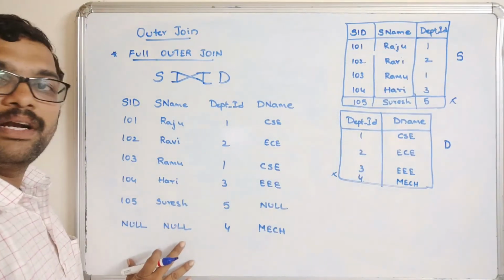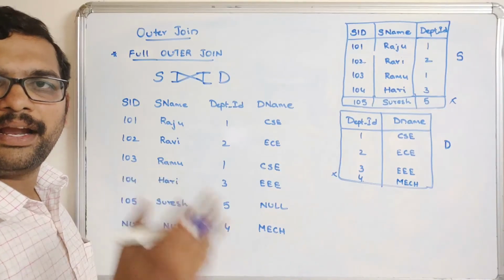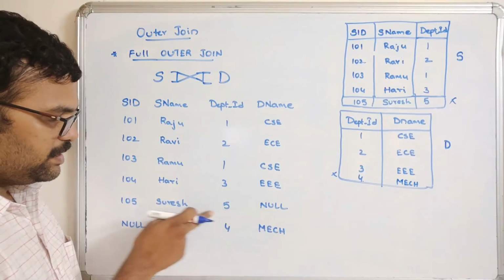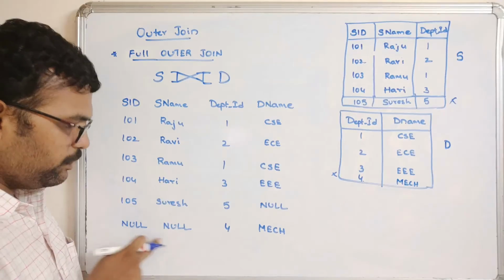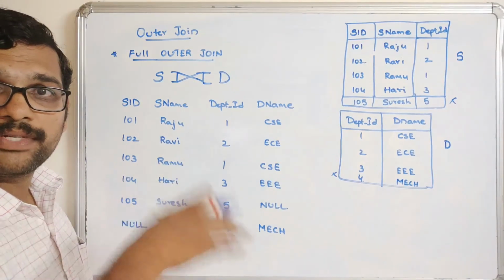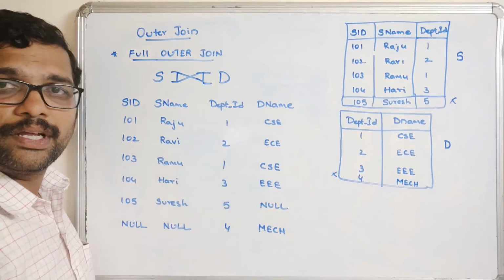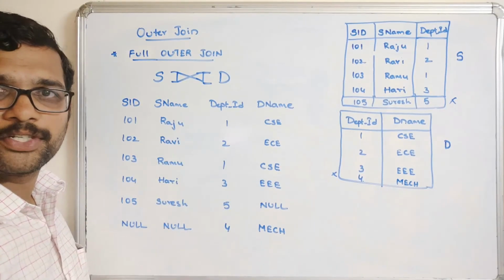This is nothing but the union operation of left outer join and right outer join. Up to here it is a left outer join and this one is a right outer join, so we need to apply the union. We have seen the union operation in the previous session, so once you refer to that, the link will be in the description section.